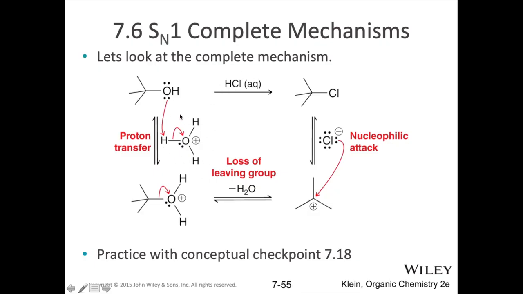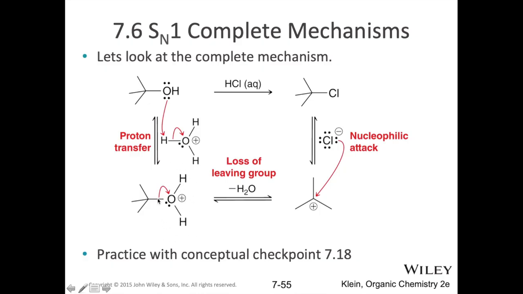Okay, since you're using hydrochloric acid, there's plenty of hydronium floating around here, right? So you can have this donate a proton to your tert-butanol. You can see here it protonates this. It's not shown here, but you have a water molecule left behind, the conjugate base of your hydronium. But anyway, here we have this as our new leaving group.